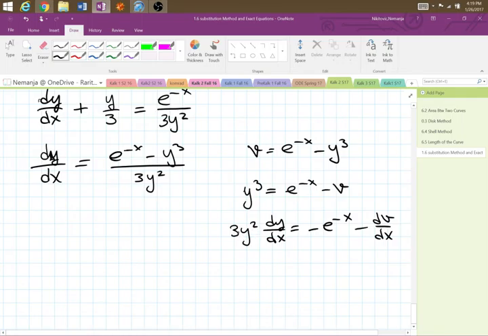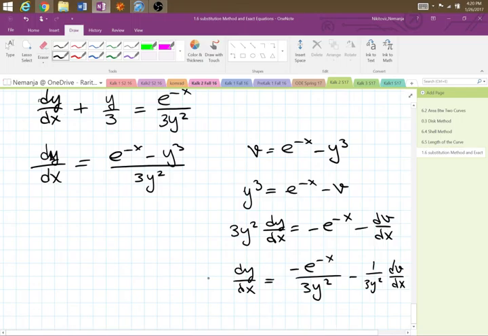Well, I have to move 3y squared to the other side. So dy/dx alone is negative e to the minus x over 3y squared minus 1 over 3y squared dv/dx.